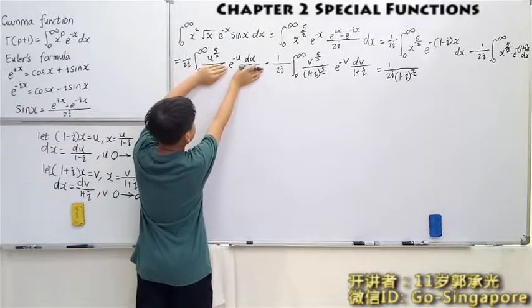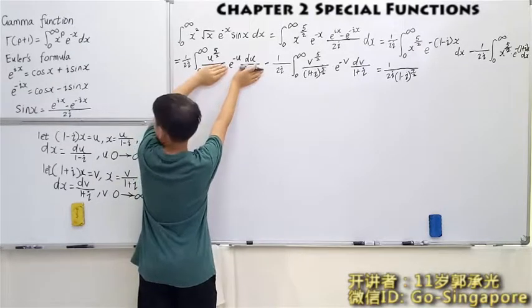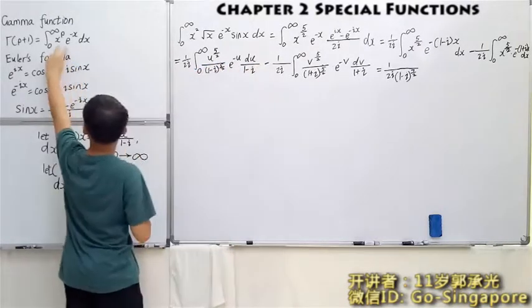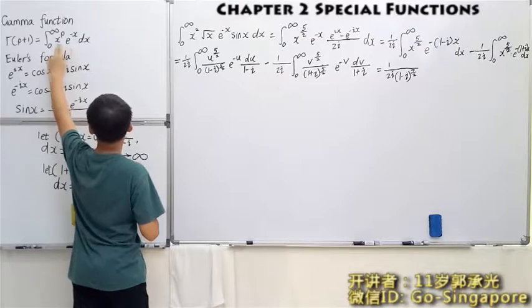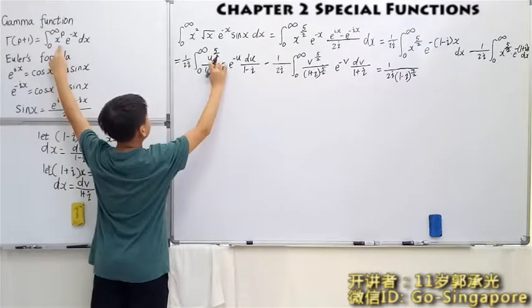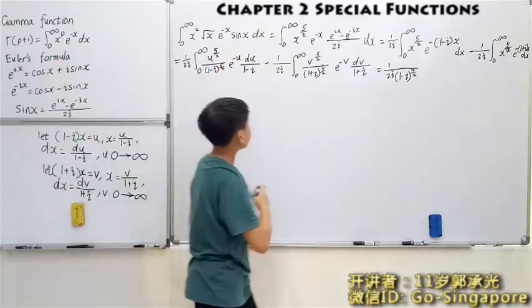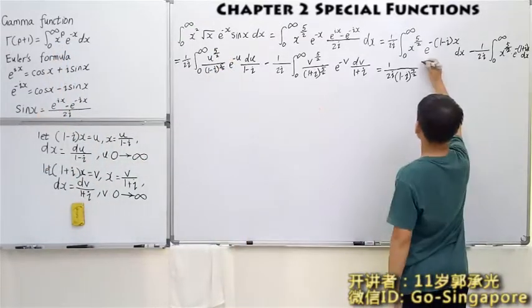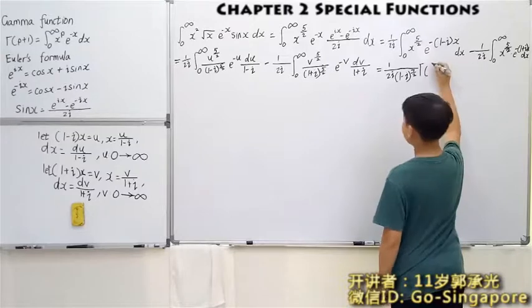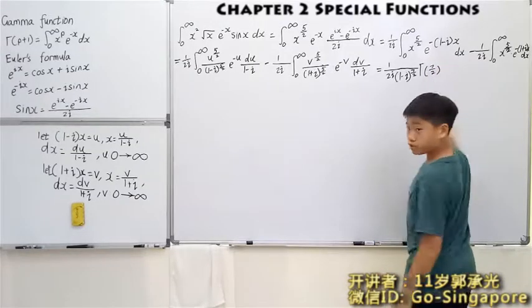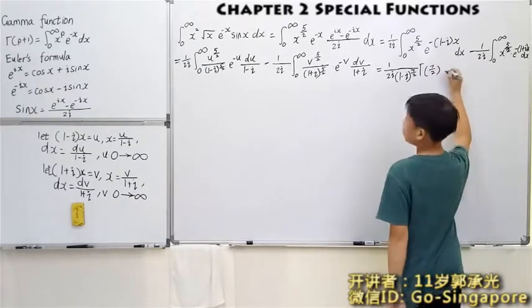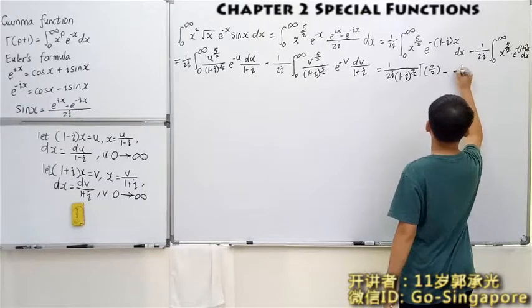When you look at these two parts, you'll realize, wait, isn't it in the same form, except that this is to the power of 5 over 2 plus 1, which is 7 over 2, then minus 1 over 2.